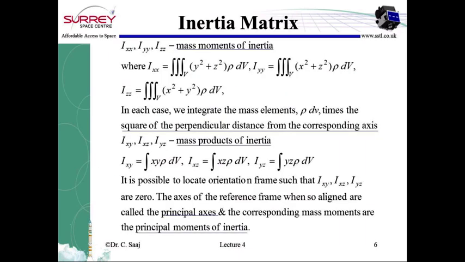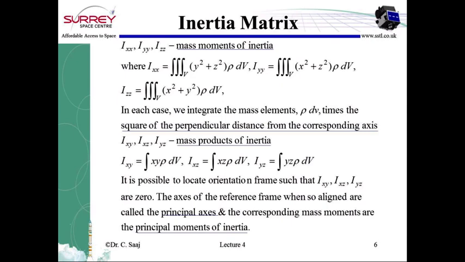Now let's work out the expressions for the individual elements of the inertia matrix. As you can see in this slide, its diagonal elements, that is Ixx, Iyy, Izz, are referred to as the mass moments of inertia, and each has its own definition.